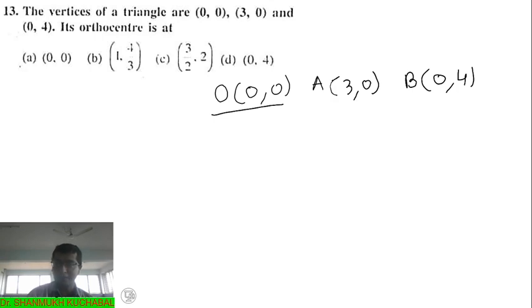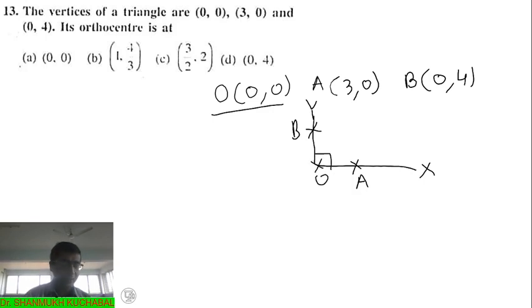So here the y coordinate is 0, the point A is on the x-axis. The x coordinate is 0, this is a point on the y-axis. Then this is the origin.